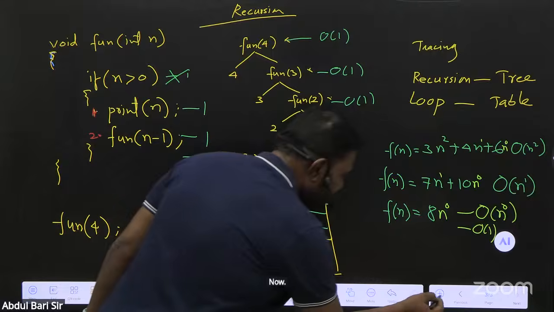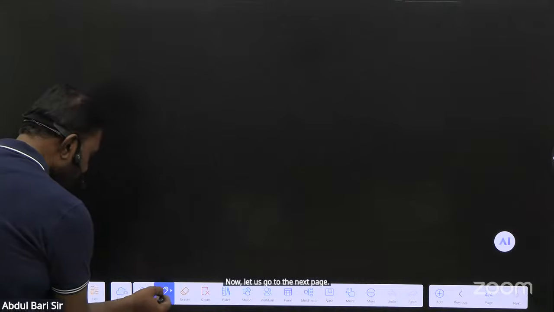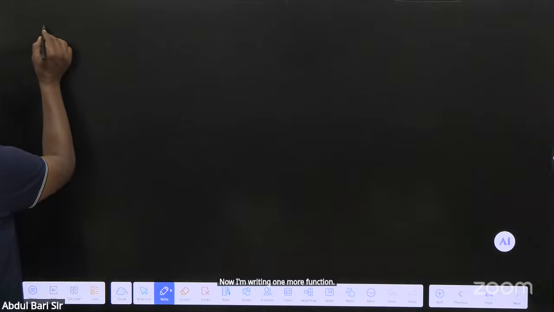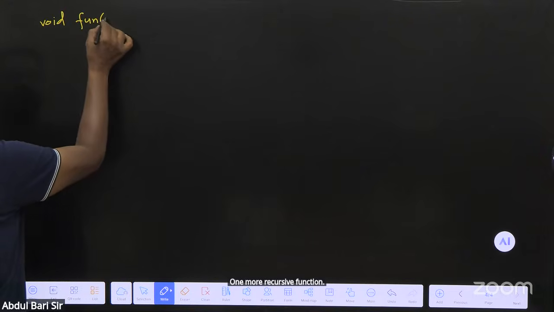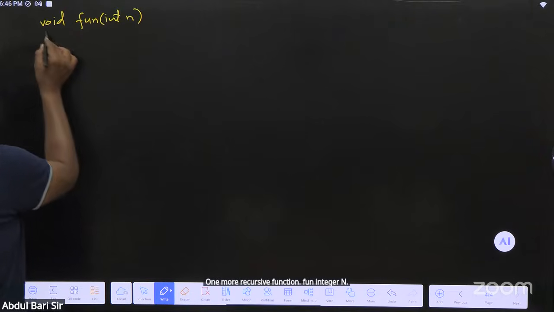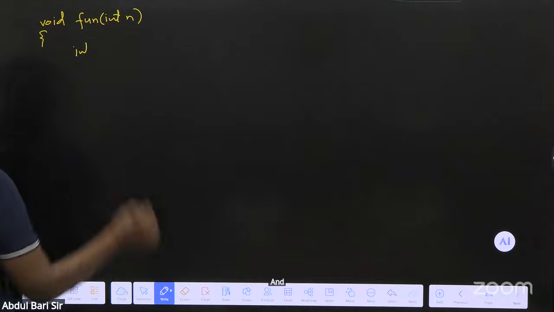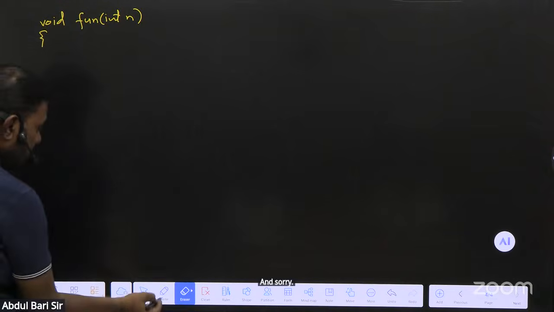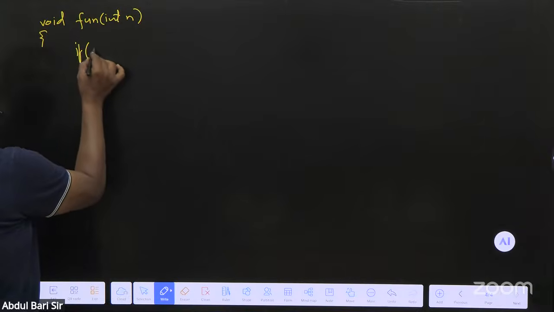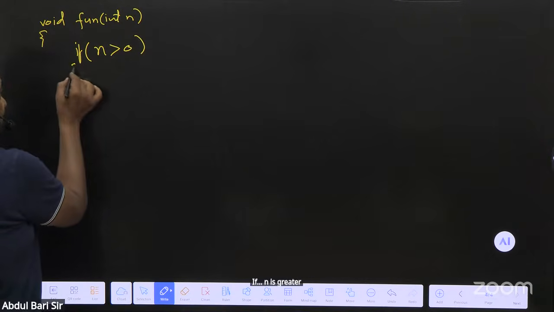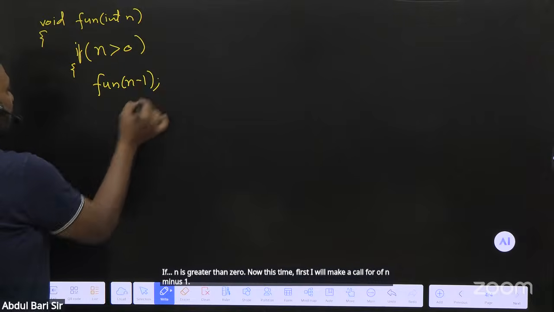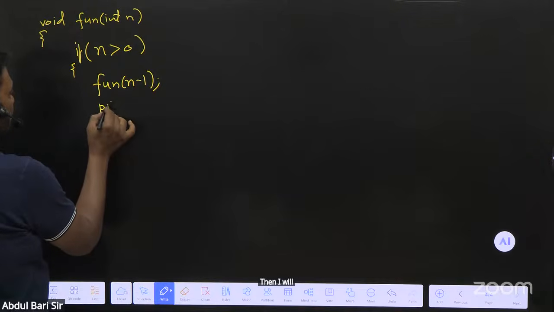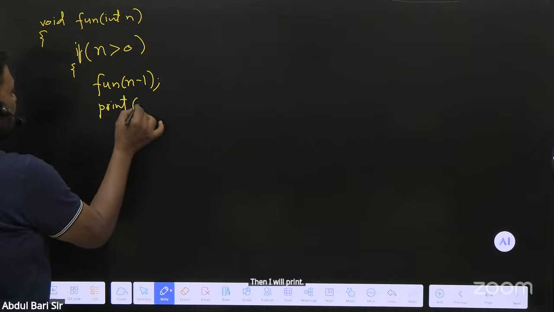Now let us go to the next page. Now I'm writing one more recursive function. Fun of integer n: if n is greater than 0, this time first I will make a call fun of n minus 1, then I will print n.